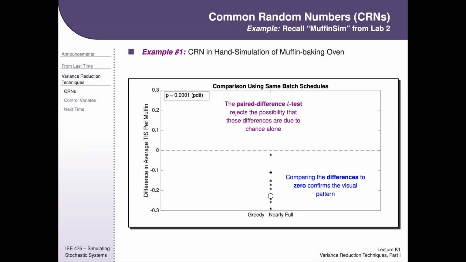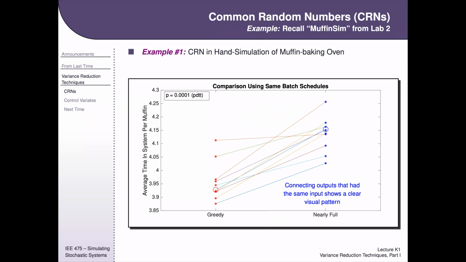If I were to calculate a confidence interval, what this paired difference t-test result says is that the confidence interval would be totally below 0. It would not include 0. I know that because the paired difference t-test p-value is less than 0.05. So I've got paired results, and I just run a paired difference t-test where my two samples are the data from system 1 and the data from system 2.